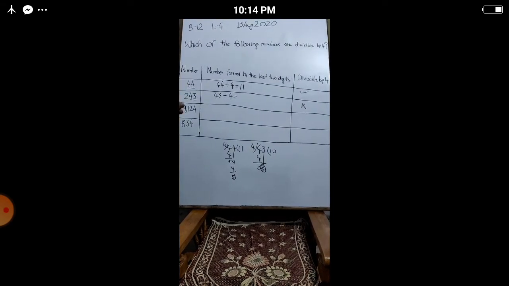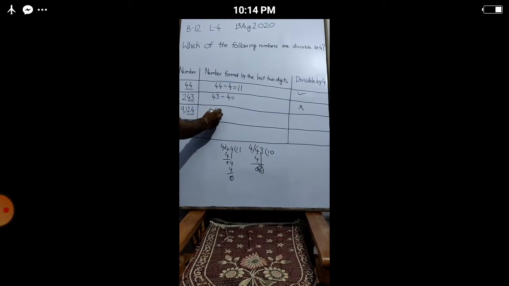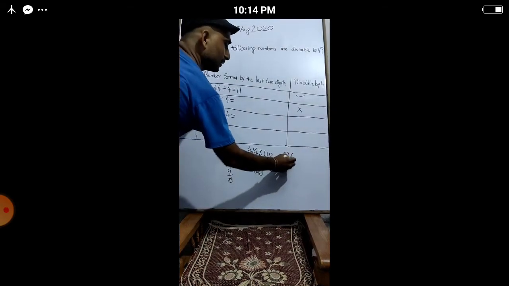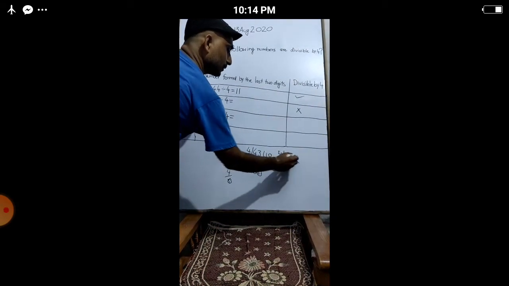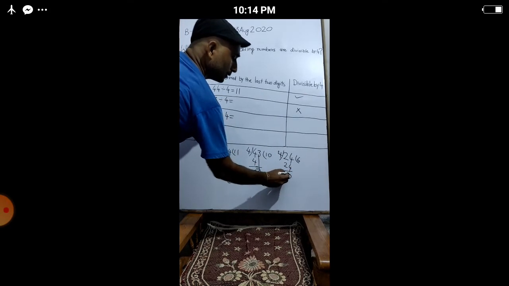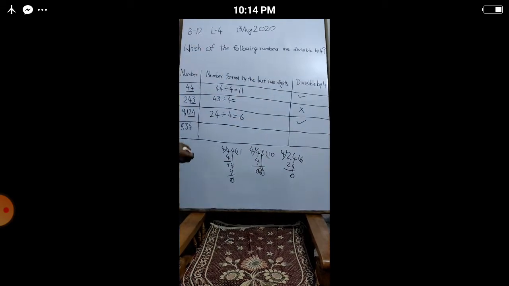Now the next number, 9124. Check 24. 24 divided by 4, as you know, 4 sixes are 24, so it is divisible by 4.